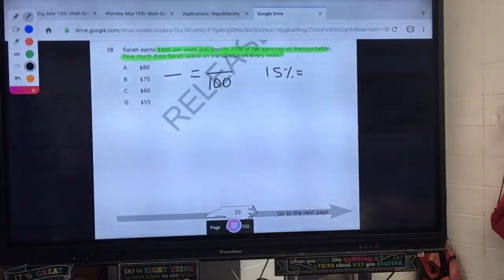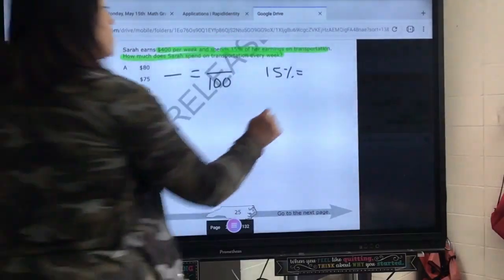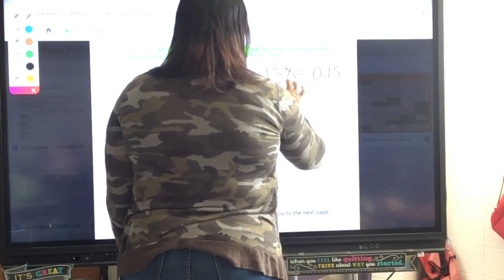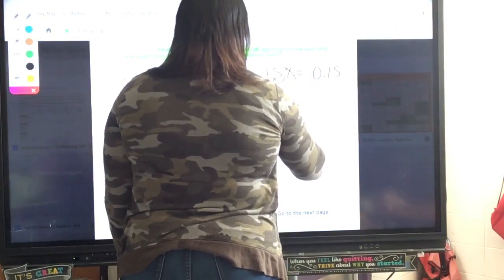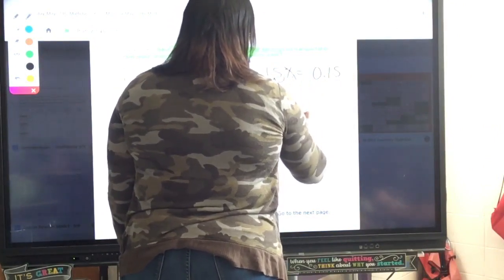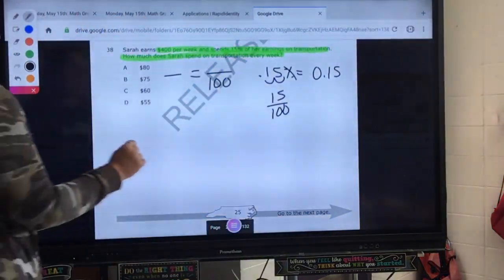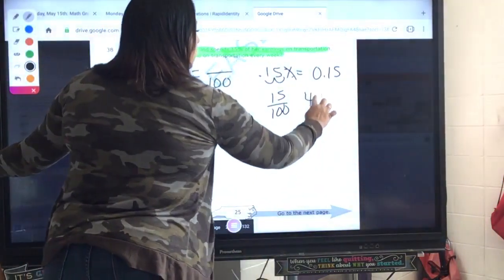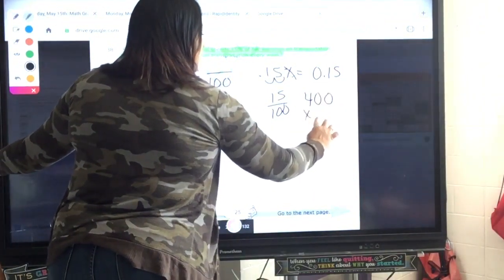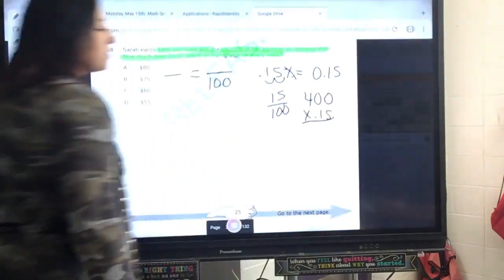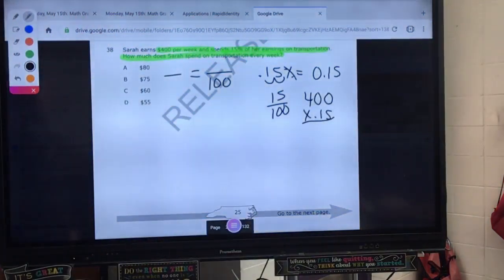What decimal does that percent become? Emma? 0.15. And you can figure that out by crossing this off and moving your decimal 2 places, or you can put it over 100, it doesn't really matter. If you understand that, you can do 400 times 0.15 and get the same answer.